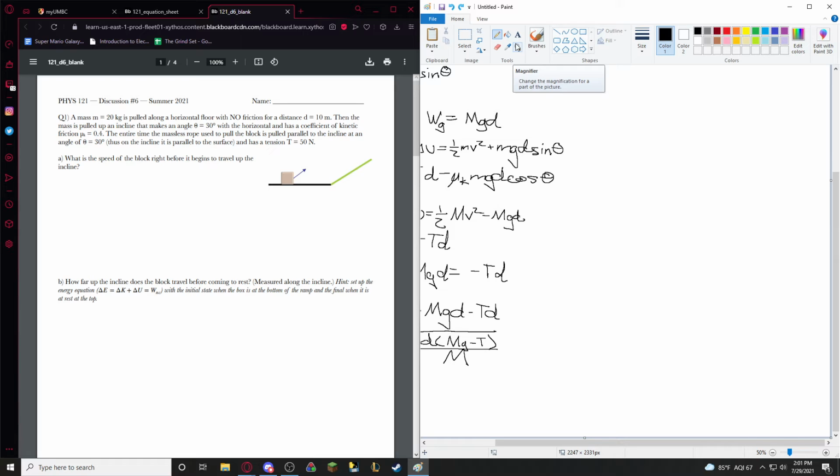Conservation of energy and work simplifies things a lot. Go ahead. So we started off with the energy: the initial energy would be the same as the final energy. Since it starts at rest, the initial kinetic energy would be 0.